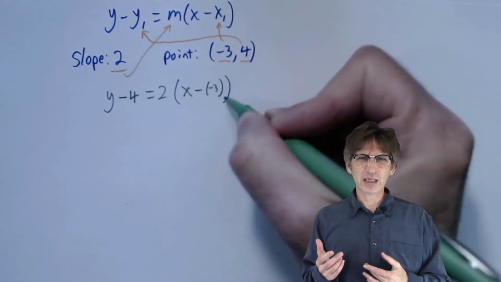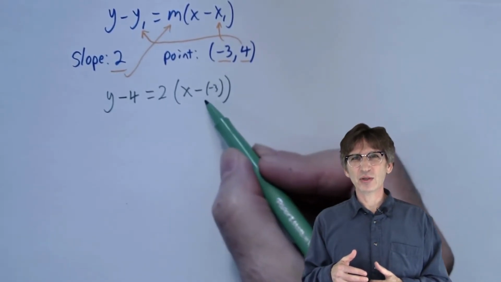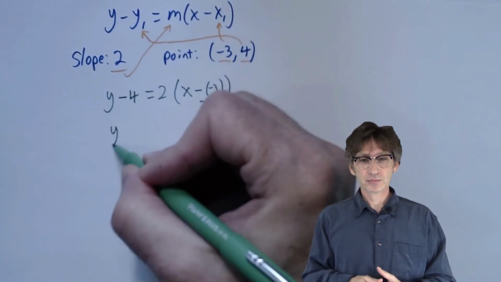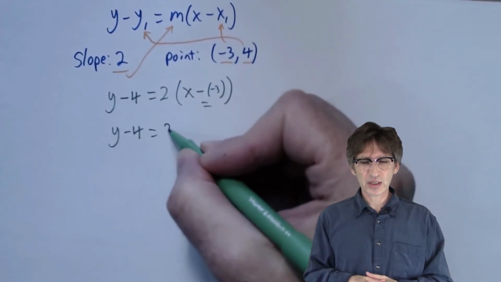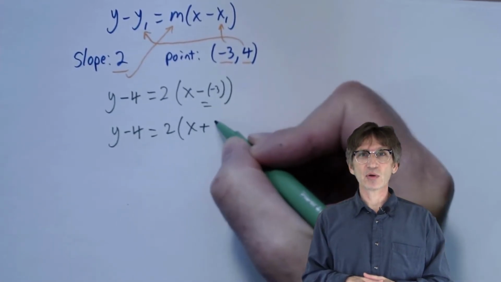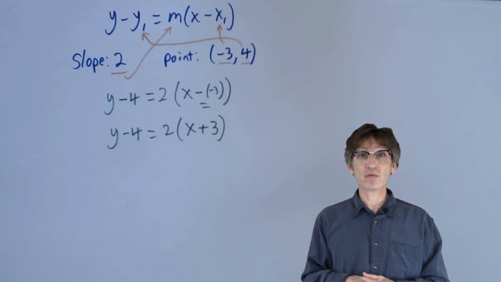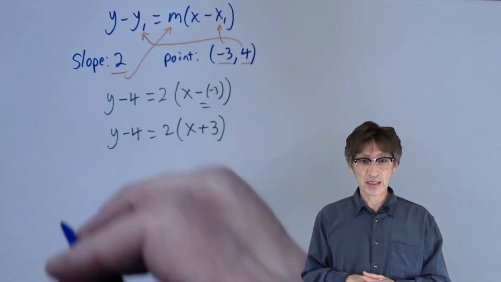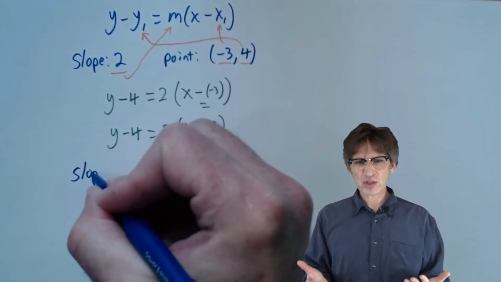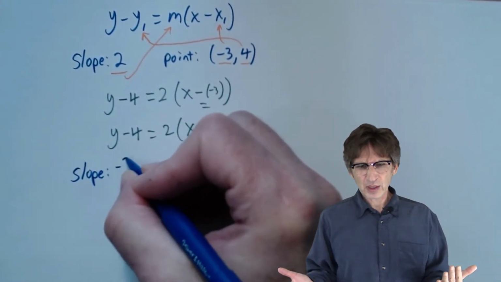Don't like that minus negative 3, do you? Let's turn that into x plus 3. So y minus 4 equals 2 times the quantity of x plus 3. That is the point slope form of the equation for the line with a slope of 2 and passing through negative 3, 4.